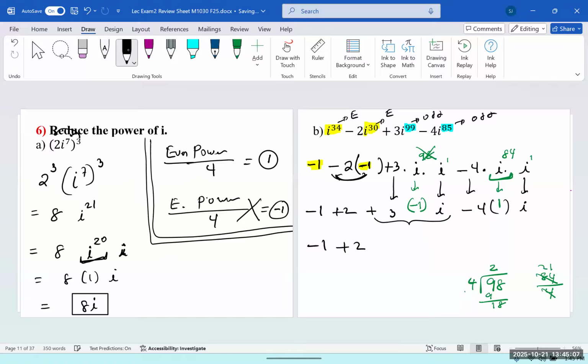From here, what do we have? -3i, and here -4i. So I'm going to combine the result. These two are like terms. These two are like terms. What do you have? -7i. And this is the final answer.